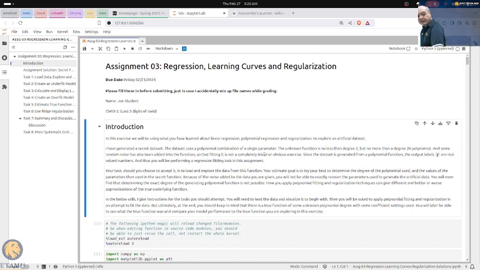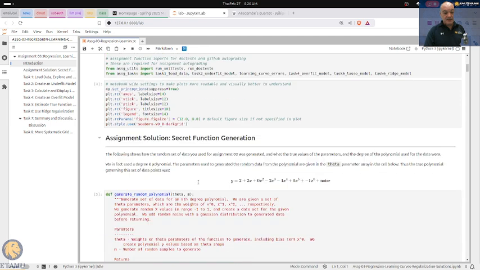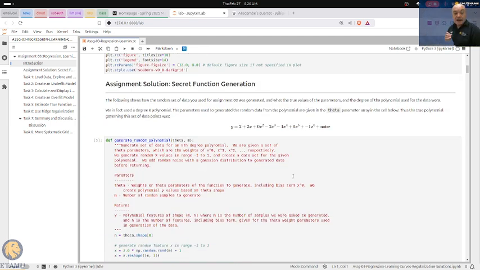So I'll try not to spend too much time on this, but I did want to mention a couple of things on assignment three. When I post this, if you're interested, it does show you the parameters that were actually used for the function.